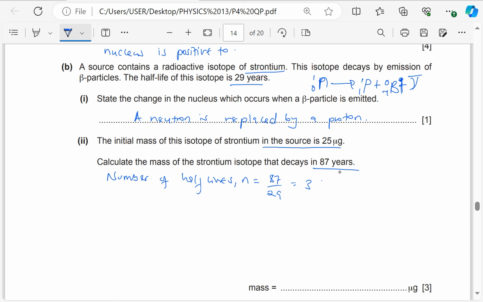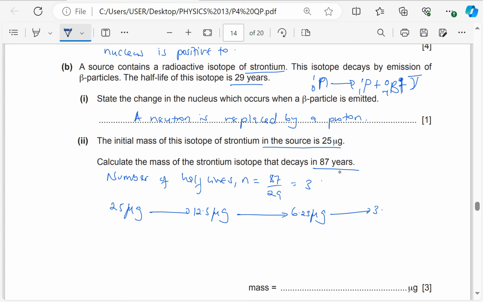If I start with the 25 micrograms, for the first half-life I divide by 2. That will be 12.5 micrograms. For the second half-life, I divide by 2. That will be 6.25 micrograms. For the third half-life, I again divide by 2.